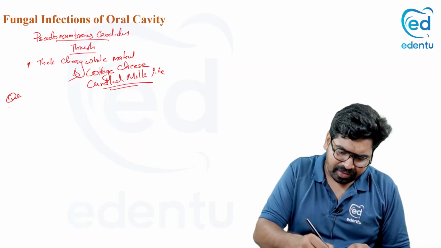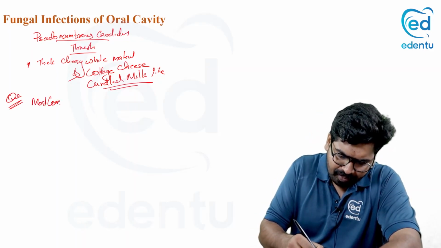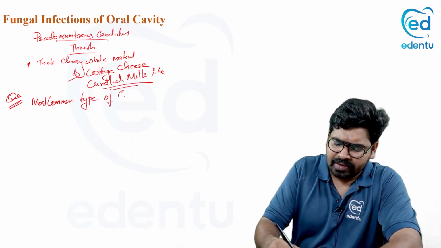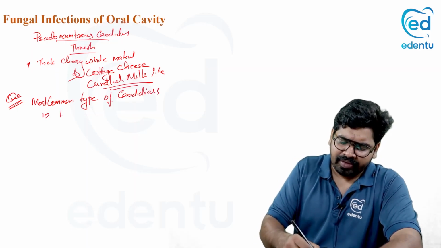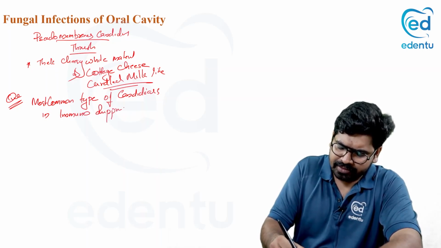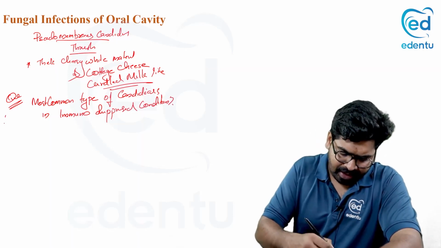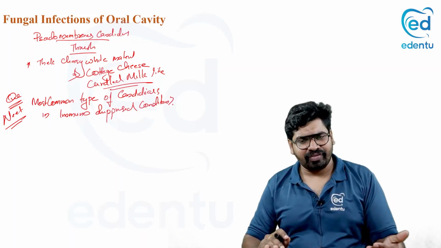Now there comes the question: which is the most common type of candidiasis in an immunosuppressed condition? This was a previously asked question. You know, candidiasis is an opportunistic infection.